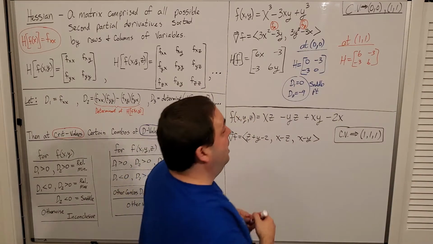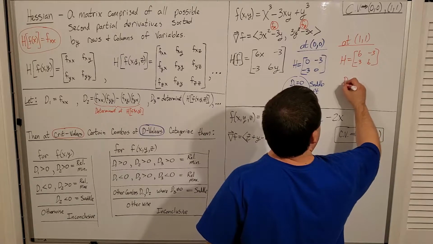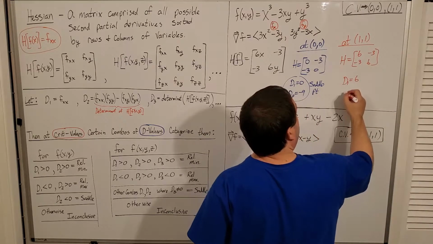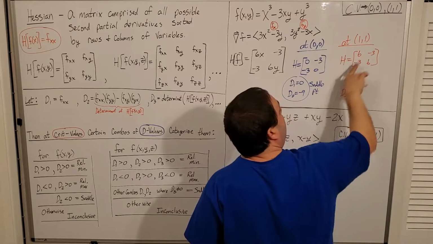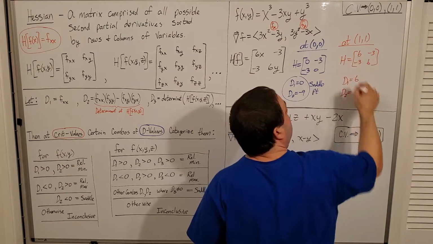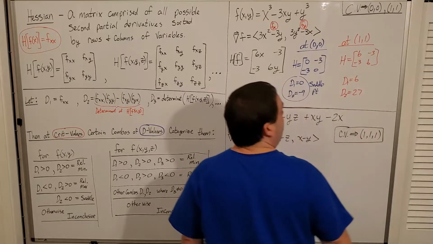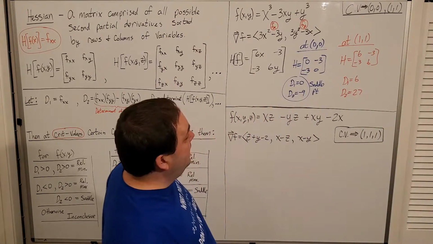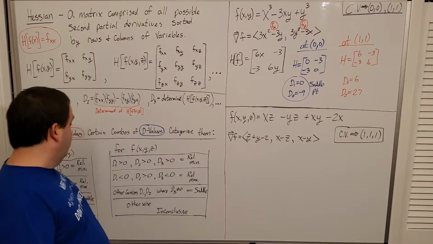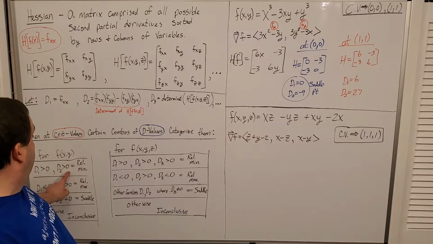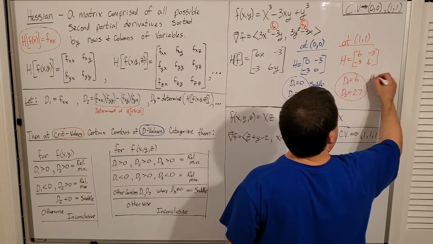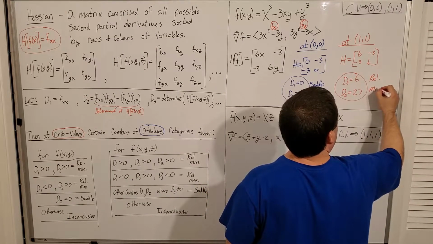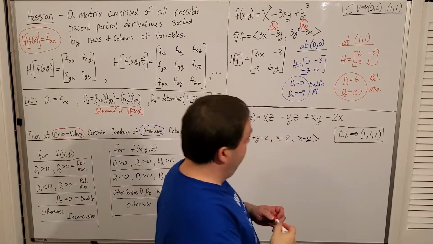And if I set up my determinants, D1 is going to be 6, D2 is going to be 36 minus 9, so that would be 27. And D1 and D2 are both positive, right? So this is telling me right here that this is a relative minimum. Alrighty?